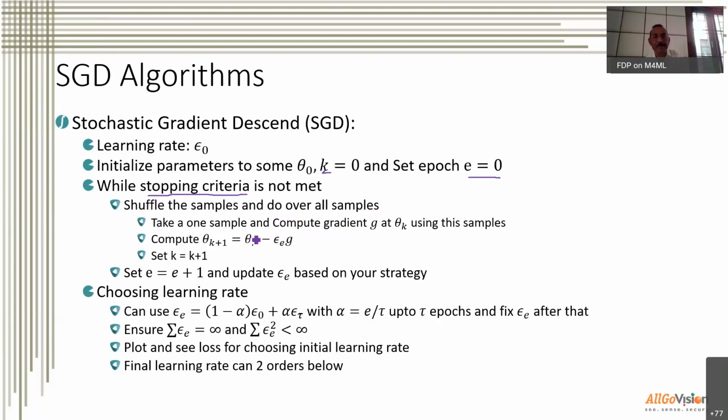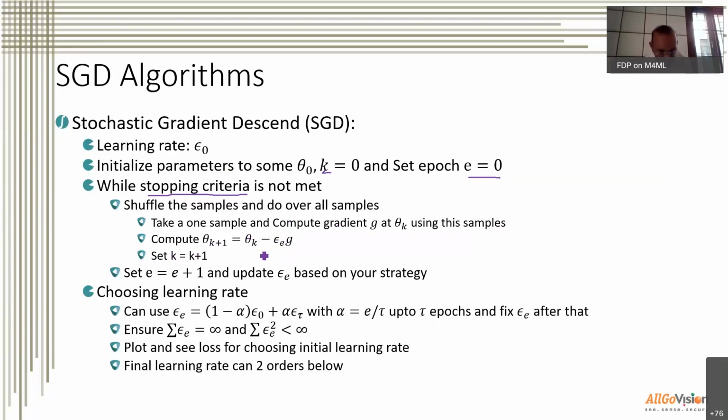What do you do? Take one sample at a time, in sequence. After shuffling, you take one in sequence and compute the gradient g at theta k using this sample only. Then you compute theta k plus 1 as theta k minus epsilon e, which is a fixed step size here, times g.